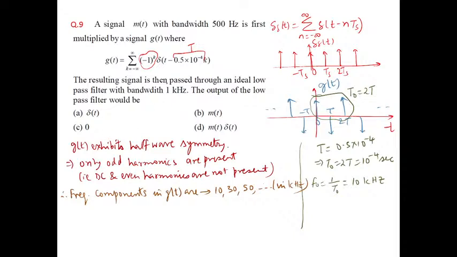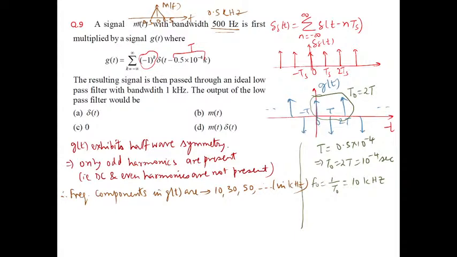Now, what is the bandwidth of the signal? It is 0.5 kHz. Now, let us assume that the spectrum of f(t) is this. So it has a bandwidth of 0.5 kHz. And this signal is multiplied with this signal.